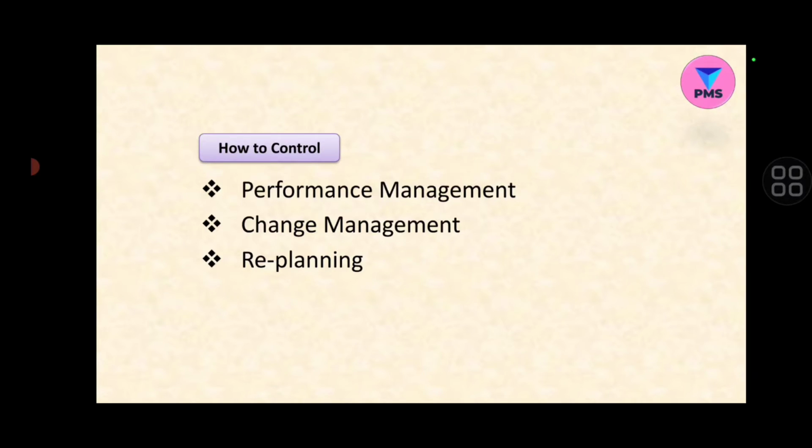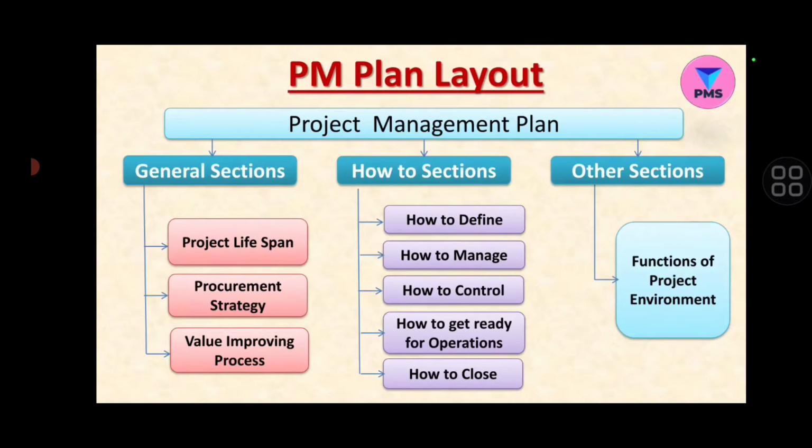Have remedial measures to control it, and also change management, because if you have changes, then you have to have that control, because everything is not ideal always. There will be changes and you have to control it. And the replanning. Replanning is a process of control, because the initial plan is not working, so you are going for replanning.